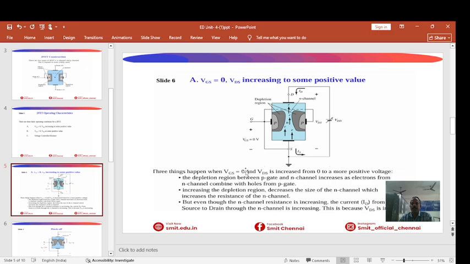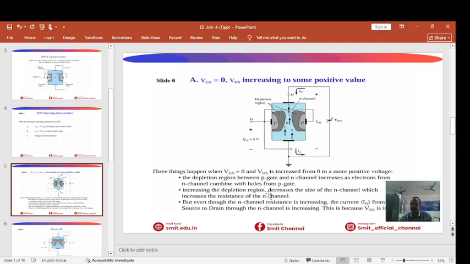In the first case, VGS is equal to 0, with VDS increasing to some positive value. What happens? When VGS is equal to 0 and VDS is increased from 0 to a more positive value, the depletion region between the P gate and the N channel increases as electrons from the N channel combine with the holes from the P gate.